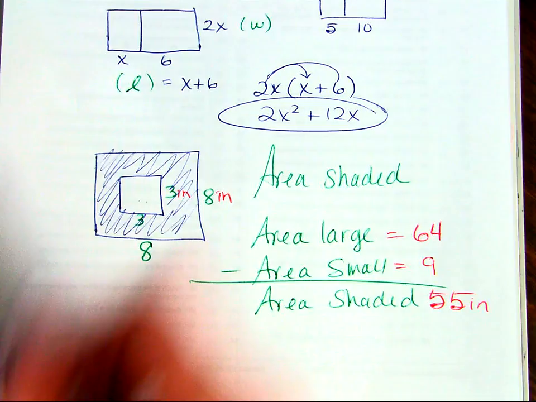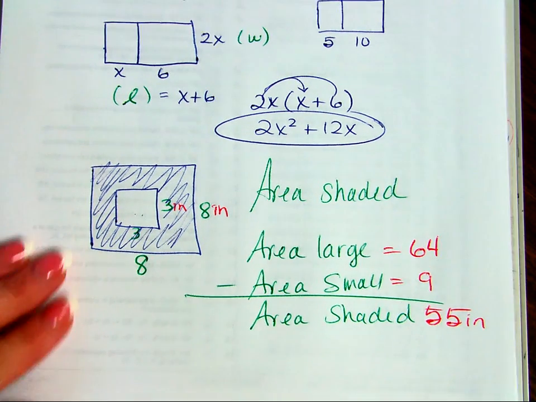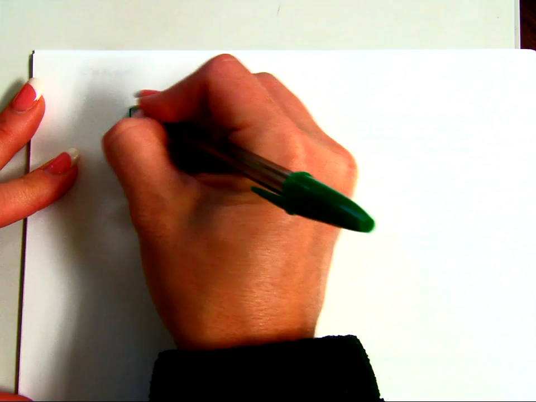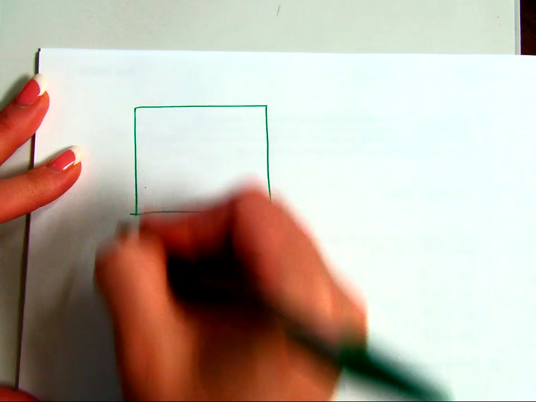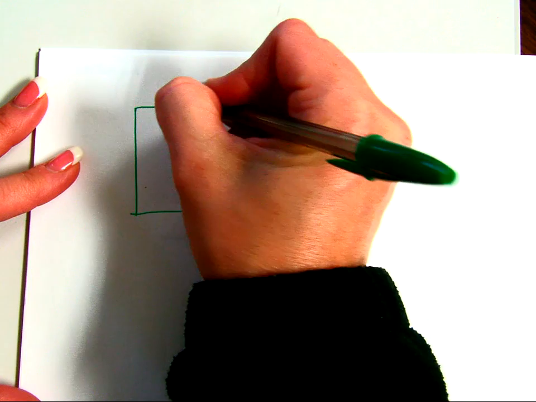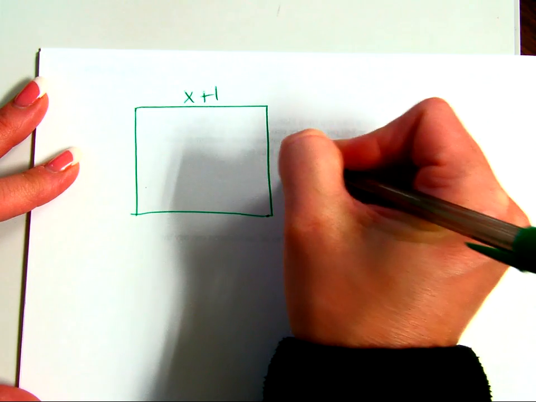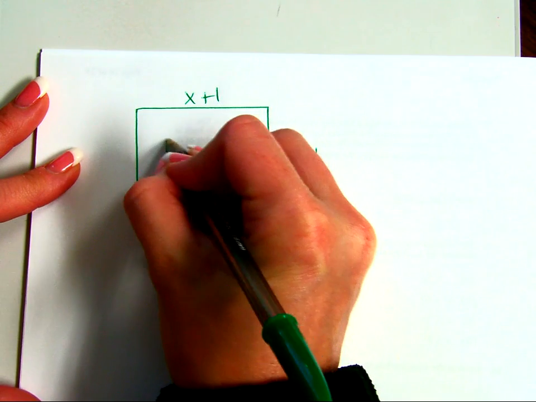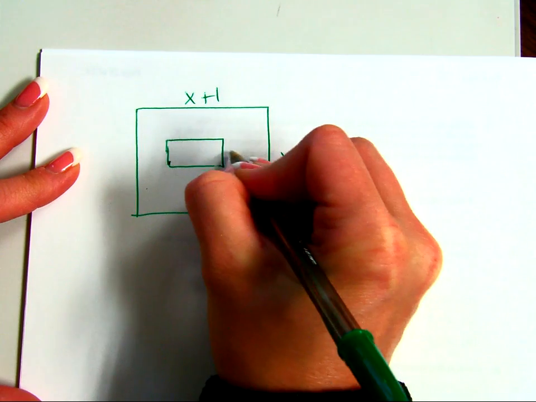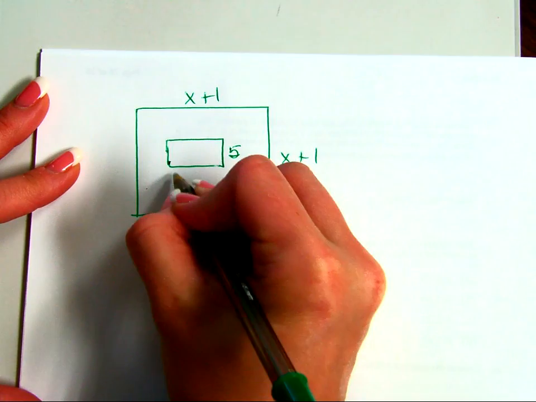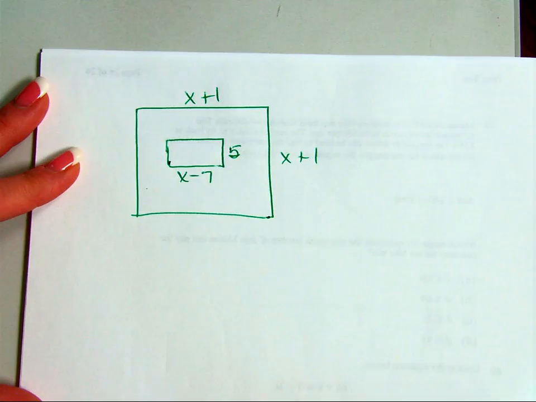Okay, so let's take this theory and let's do it with polynomials now. In other words, my big square is going to have side lengths of x plus 1. And this time there's a rectangle in it. And it's got a width of 5 and a length of x minus 7.